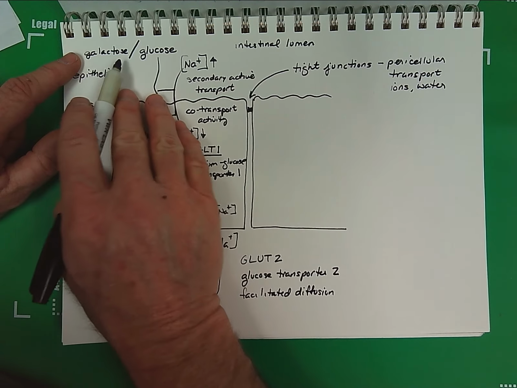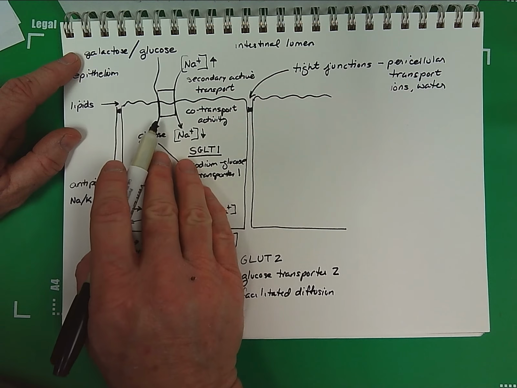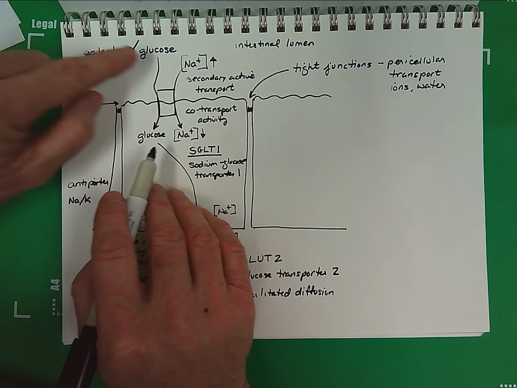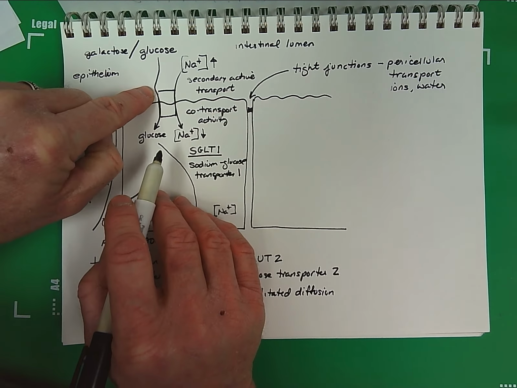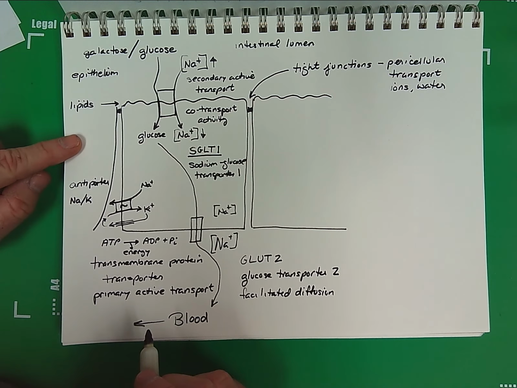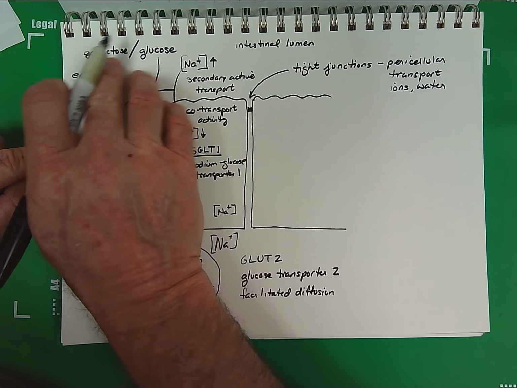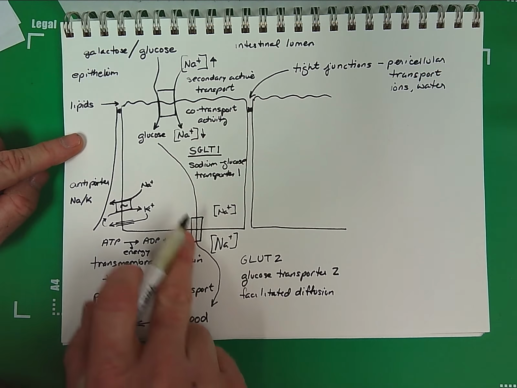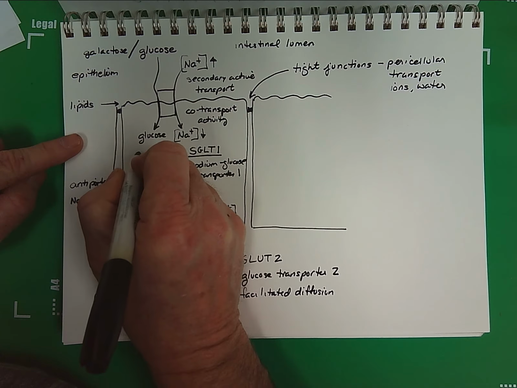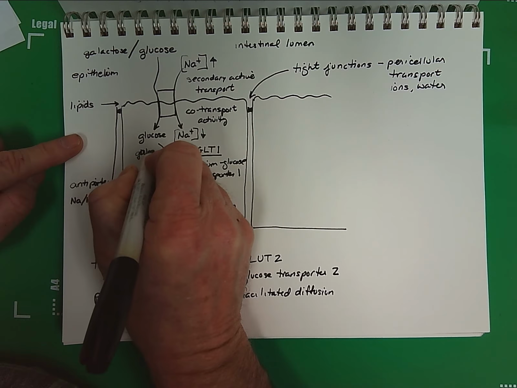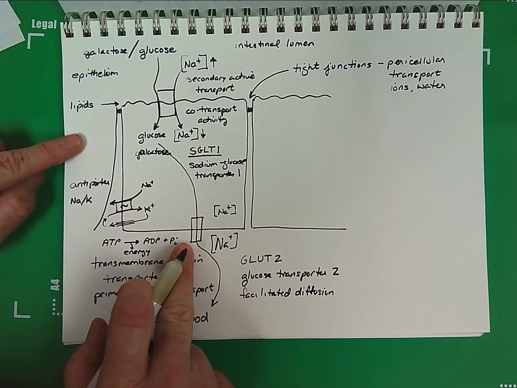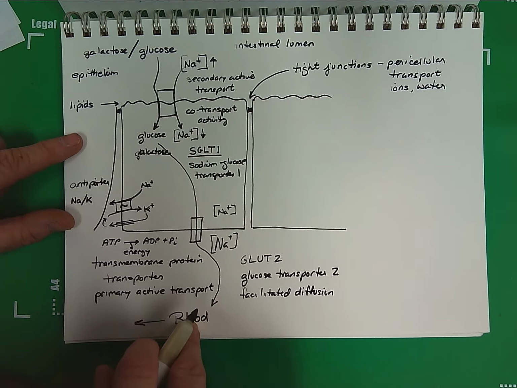So galactose in our diet will be taken up by the SGLT1 transporter. So instead of glucose, galactose can also bind here, and sodium can drive its passage inside the cell. Likewise, because it's so similar in structure, the GLUT2 transporter also recognizes galactose. And so the galactose, as well as glucose, can be taken through the GLUT2 transporter and transported into the blood.